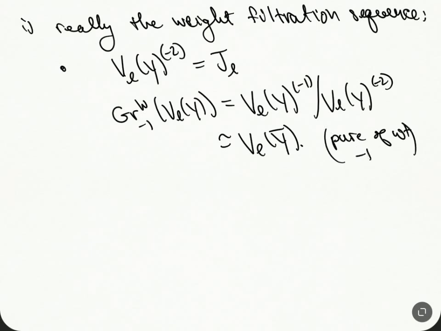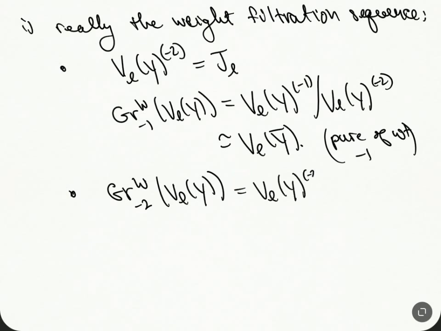To make sense of weights, this is why we needed to restrict to the local field. Similarly, we also have that this part here is VLY minus 2 over VLY minus 3. This is 0, so this is just VLY minus 2. Okay, so we have all these things.